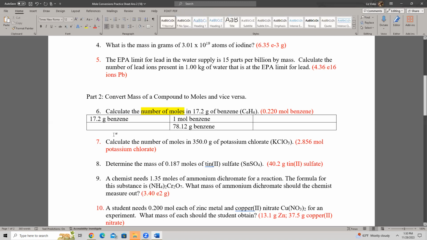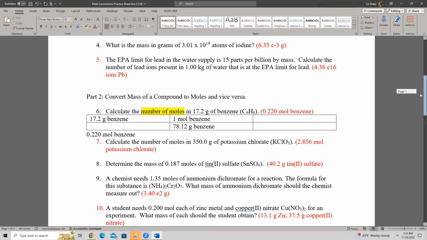And why do we want that zero? Because we want the same number of moles of benzene. See, that's our answer. It worked.